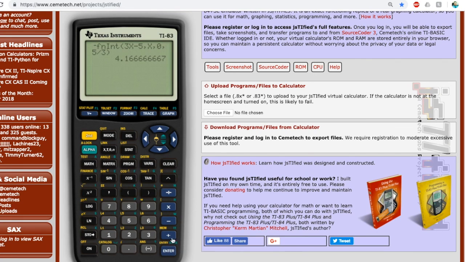That's the distance it traveled over the first 5/3 seconds. Then we'll add that to our integral of the function 3x minus 5, with x being the variable of integration, from 5/3 to the end of the 3 seconds.